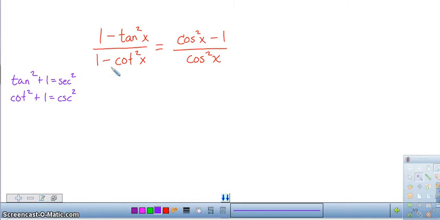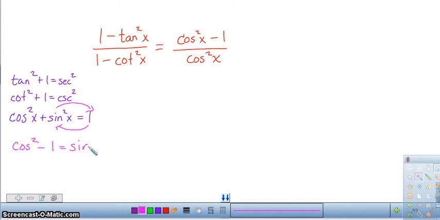All right, next one squared is cosine squared minus 1. Well, we know that cosine squared plus sine squared equals 1. So if we do a little bit of algebra, if I move the 1 here and move the sine squared there, I would end up with cosine squared minus 1 equals, no, that would equal negative sine squared when I moved it over there.